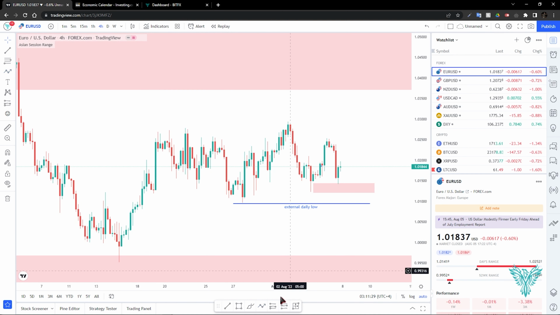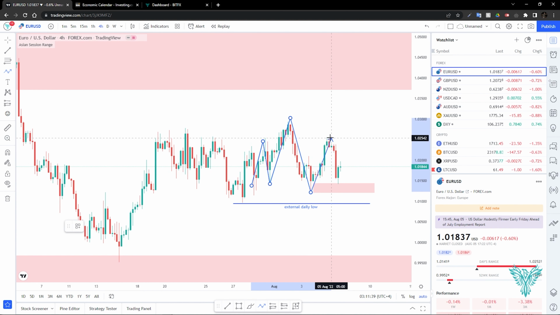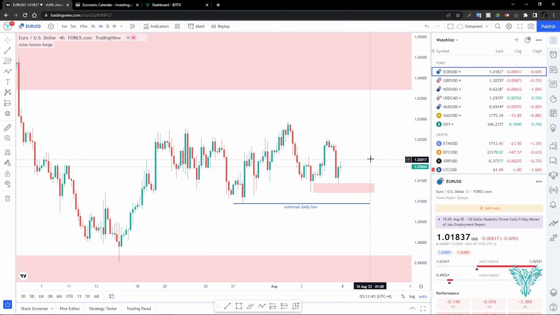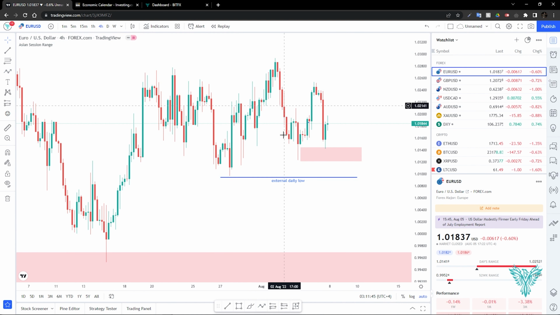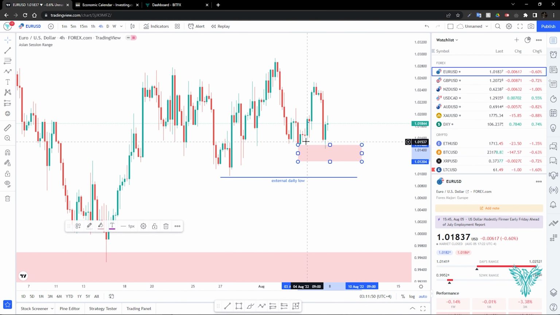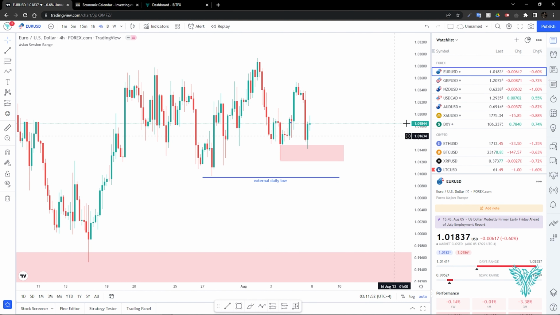So on 4 hours we had this move right here. High, higher low, higher high, and then a break of structure right here. Market came back up, tested into this area of supply, and then is showing a reaction from here. But most likely what we can expect is, as we saw internally also, it shifted its trend again and it came back down and it gave off a nice reaction for the buys up here.